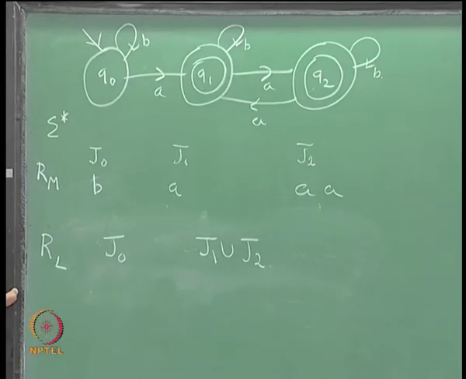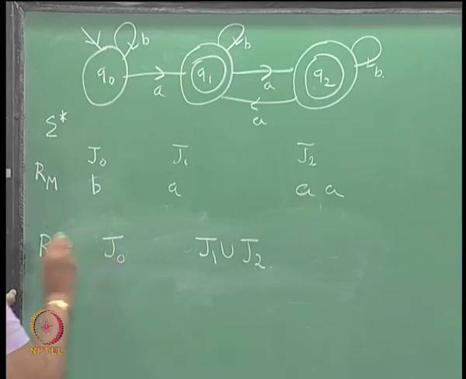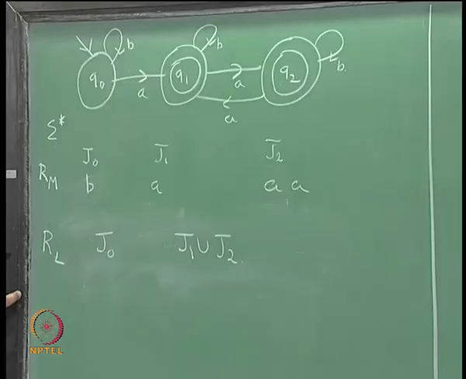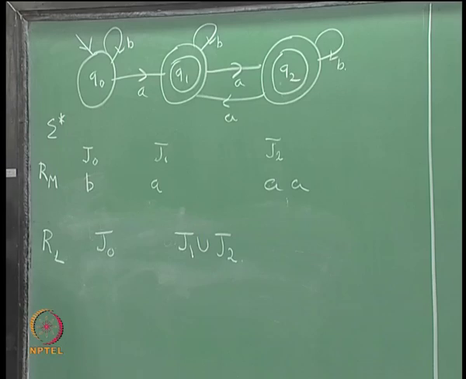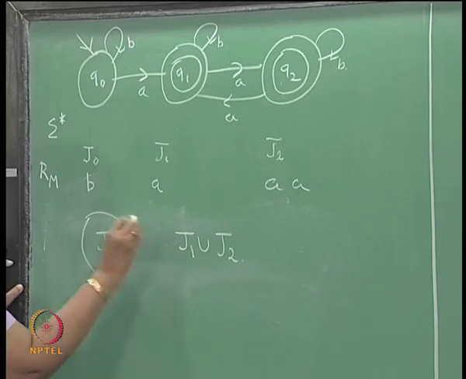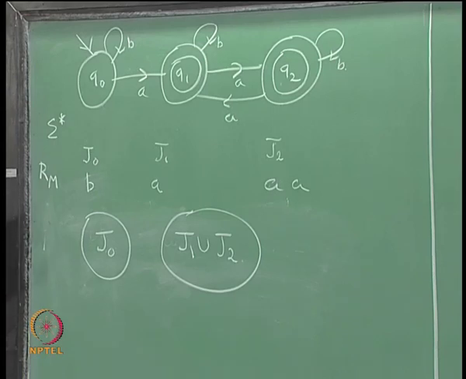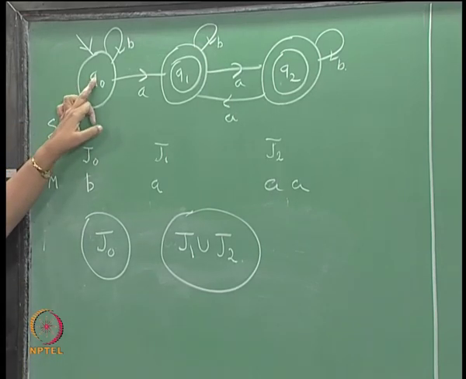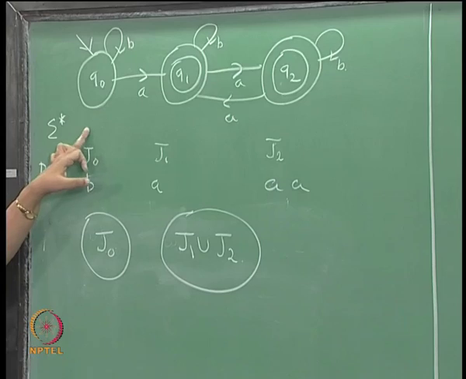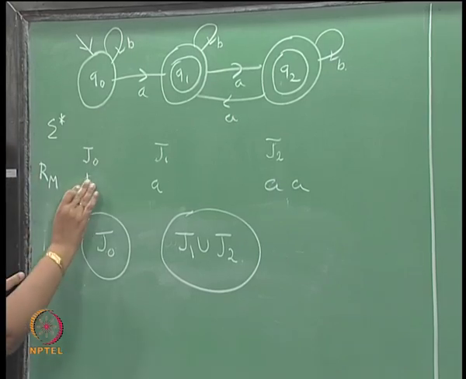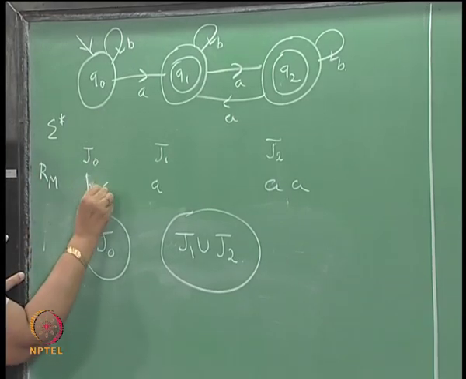Now, you have seen that RL has 2 equivalence classes. So, if you want to construct a finite state automaton, it will have 2 states. One state will be J naught, another will be J1, and you can see that epsilon belongs to J naught. J naught contains epsilon, B, like that.